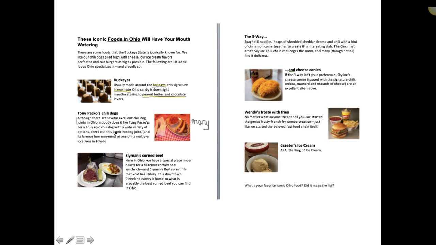Another note-taking technique is to draw. And one of the ways to draw is to use a square. So squares are very helpful with names or details like names or places. So Tony Packo's is the name of a restaurant.